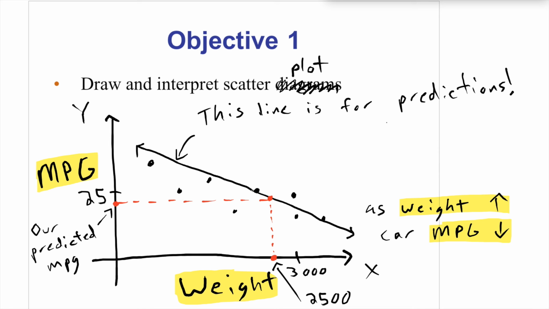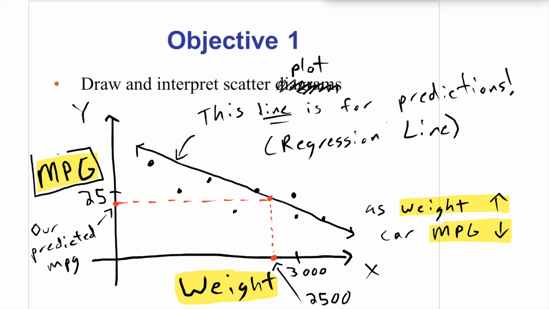So ultimately, our goal here is to come up with a tool, this line, which we're going to call, potentially strangely, a regression line, which is just a line used to make a prediction of one quantitative variable, in this case the miles per gallon, using the value of another quantitative variable, in this case the weight.